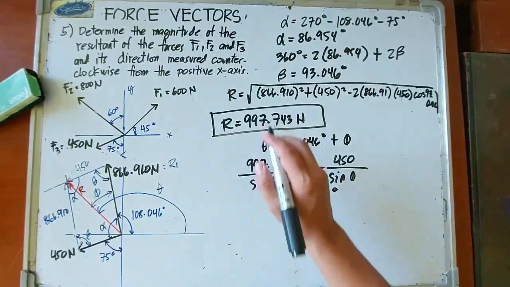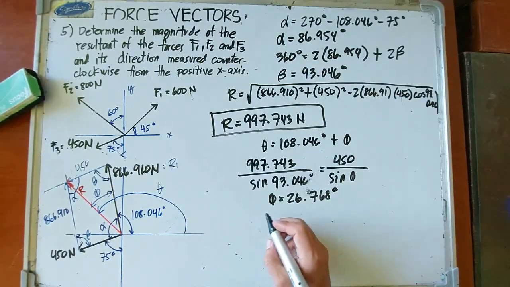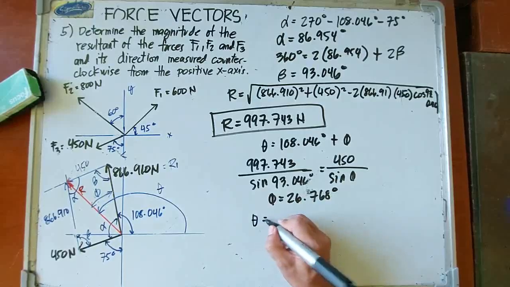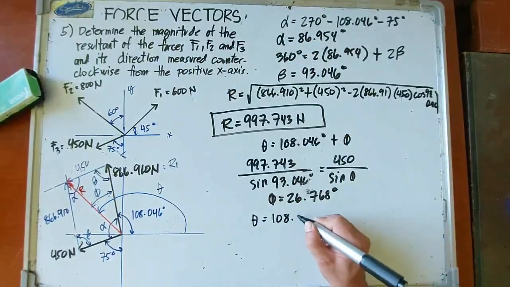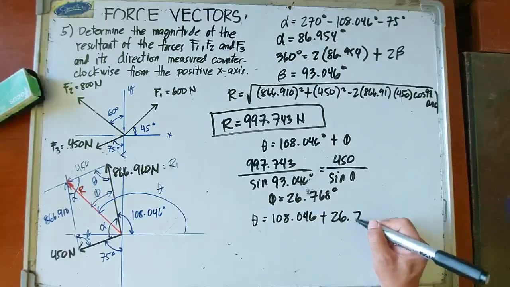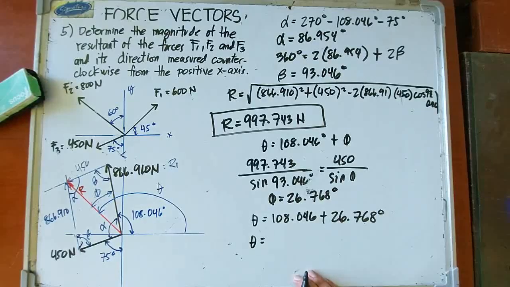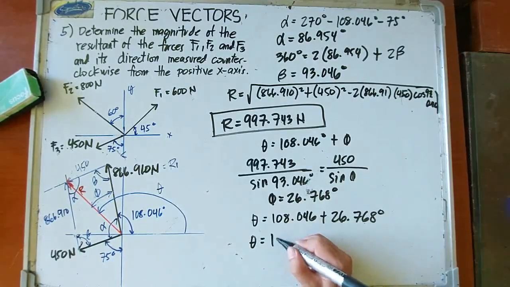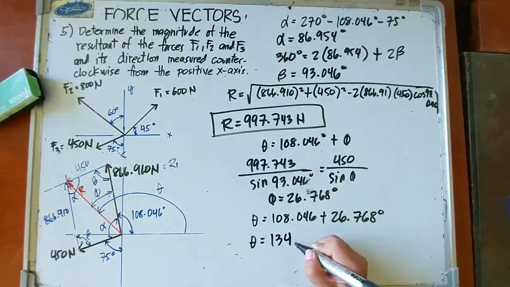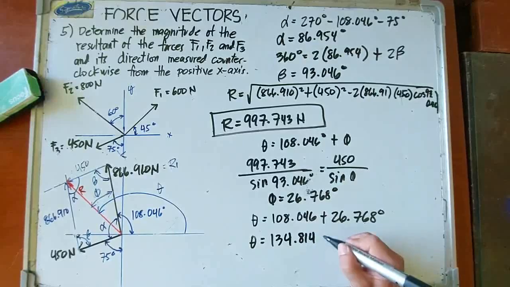So that the direction of R measured counterclockwise from the positive x-axis is equal to, so theta is equal to 108.046 plus 26.768 degrees. So angle theta is equal to 134.814 degrees.